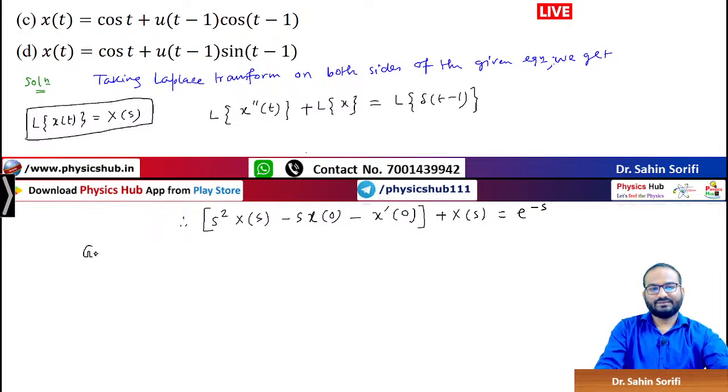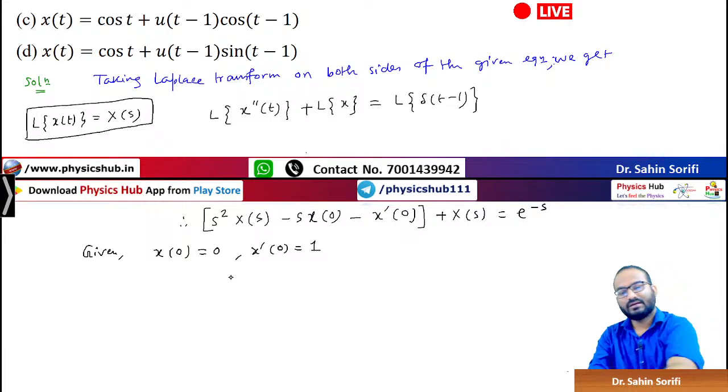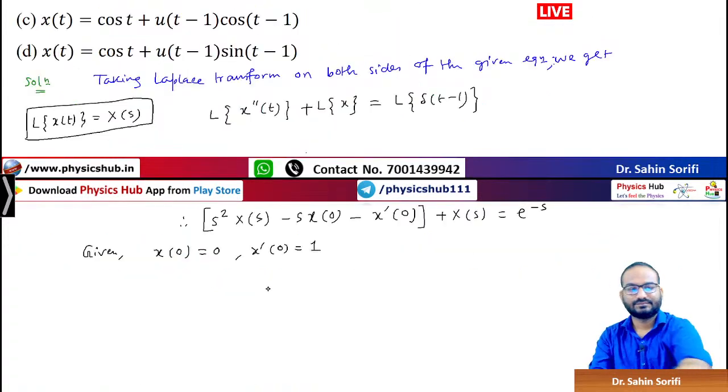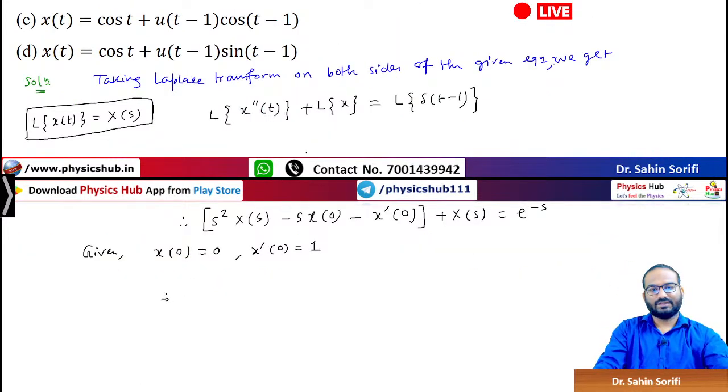Now what is given? That x equals 0 at t equals 0, and x prime is equal to 1 at t equals 0, right? Yes. So what are you left with? x of 0 is 0, you put x prime of 0 equals 1.